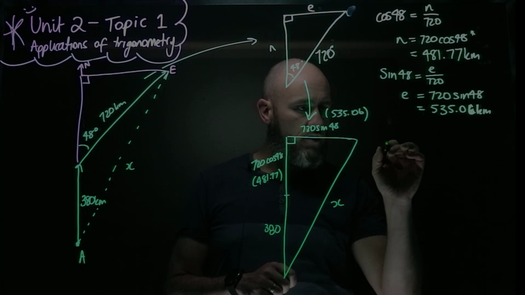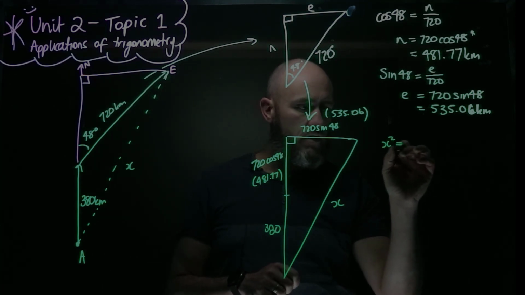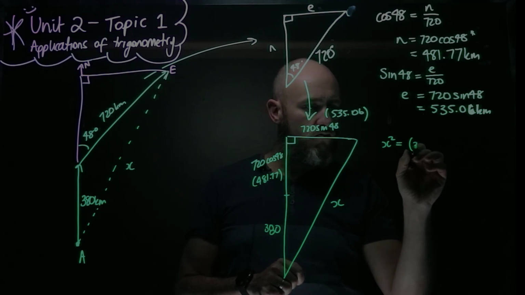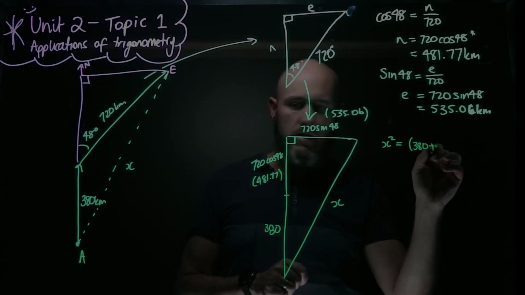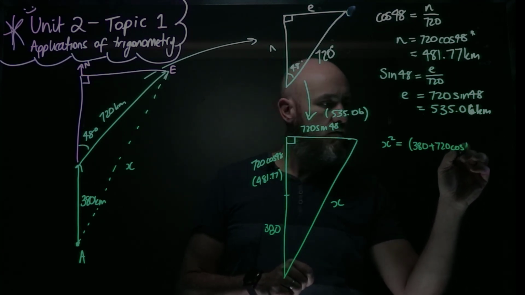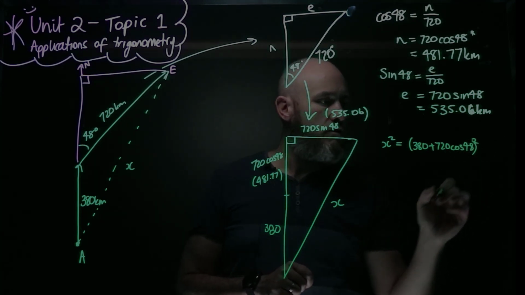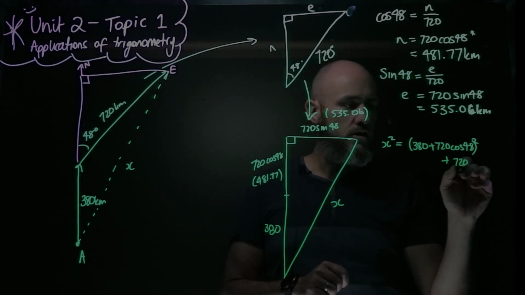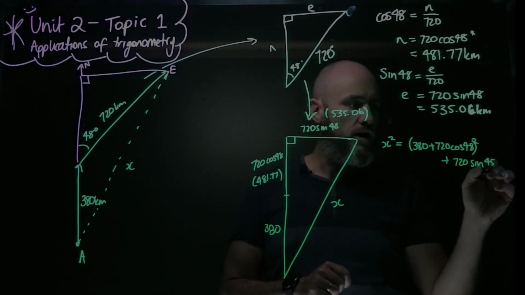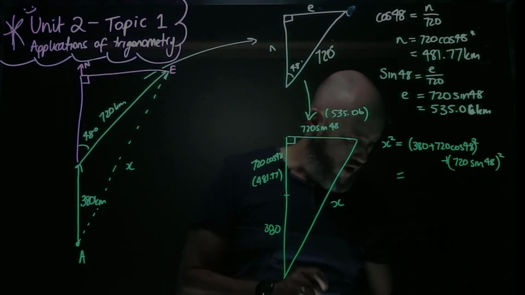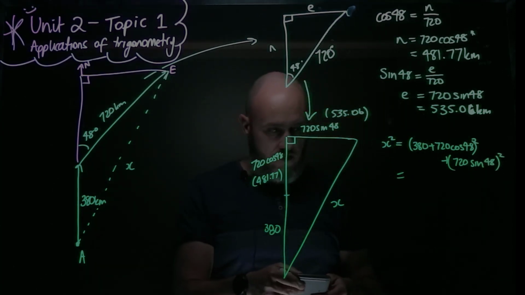X is my hypotenuse, so I've got x squared is equal to a squared, which is 380 plus 720 cos 48 squared plus b squared, which is 720 sine 48 squared. And then I'm going to evaluate that quickly, and then I'll take the square root of that.